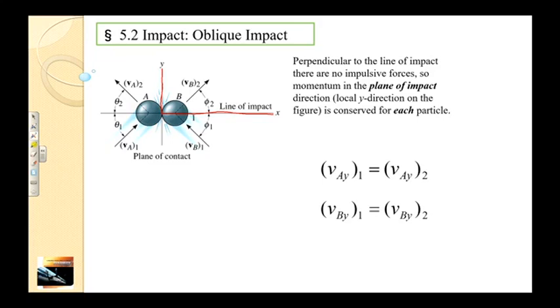And then step 3, the line of impact is perpendicular to the plane of impact and through that tangent contact point. I don't want to write all that.